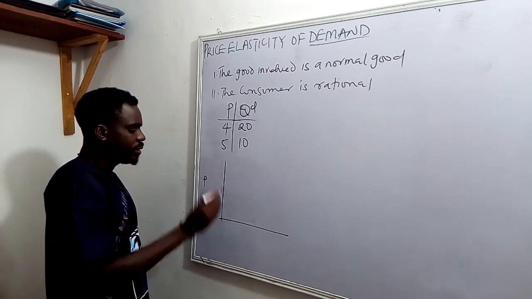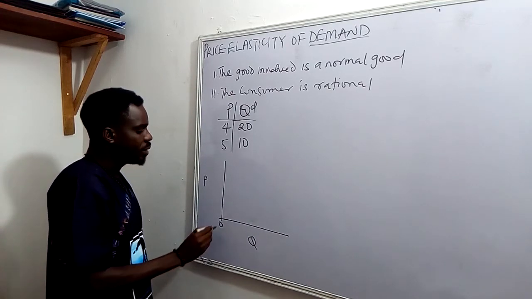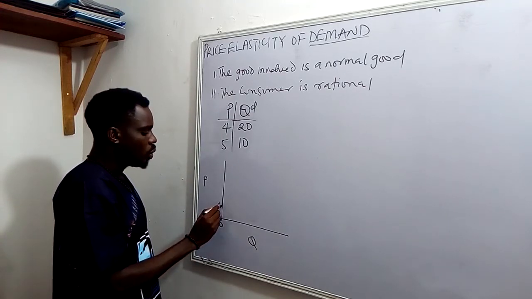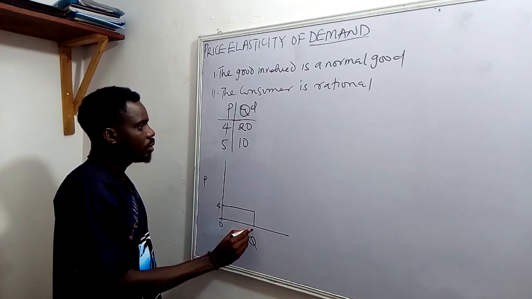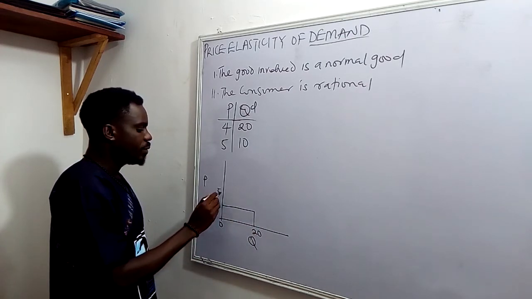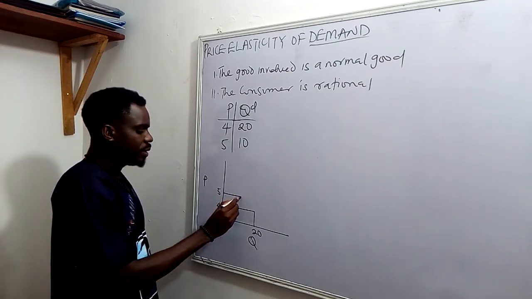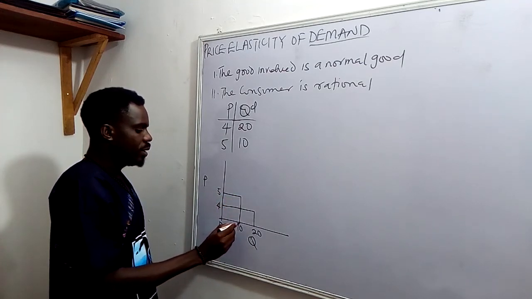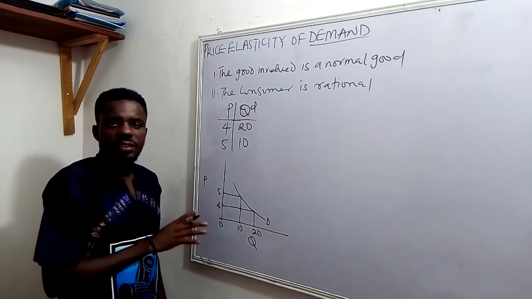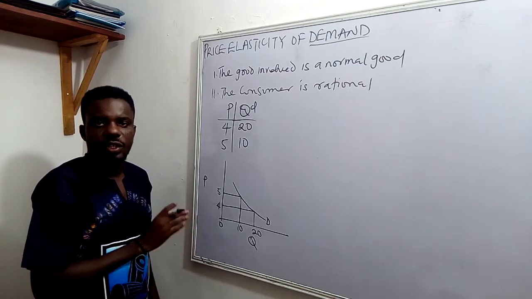This is the price axis. This is the quantity axis. At 4, quantity demanded is 20. With an increase in price to 5, quantity demanded drops to 10. Then we have our demand curve. This is a typical graph of a demand curve for a normal good.